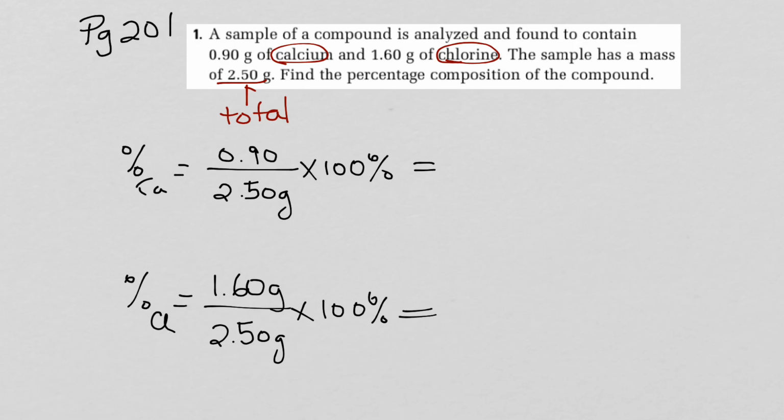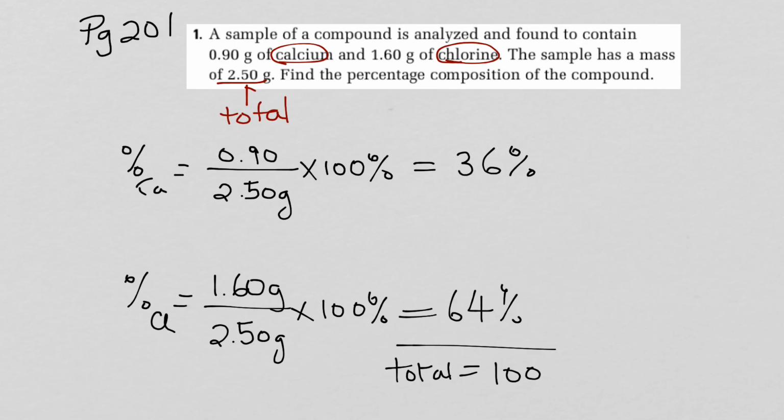So if I do that, 0.9 divided by 2.5, the decimal is 0.36. So 0.36 times 100, that's 36%. And then if you take 1.60 divided by 2.5 times 100, that's 64%. And that makes sense, because the total between the two should add up to 100%.